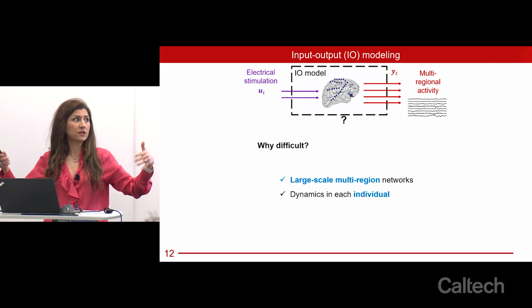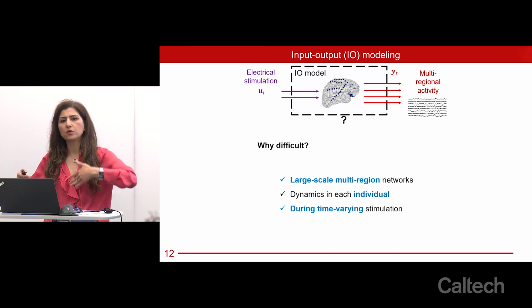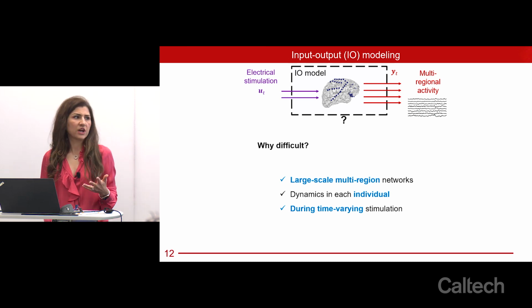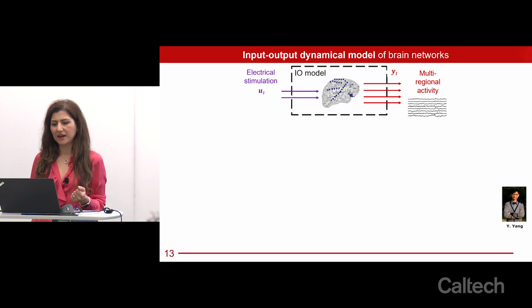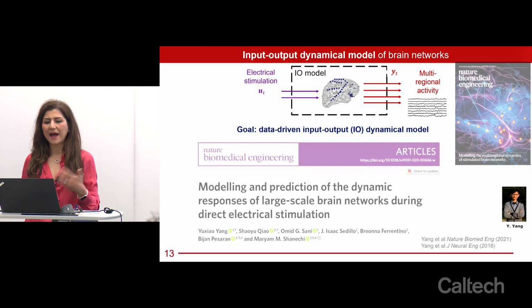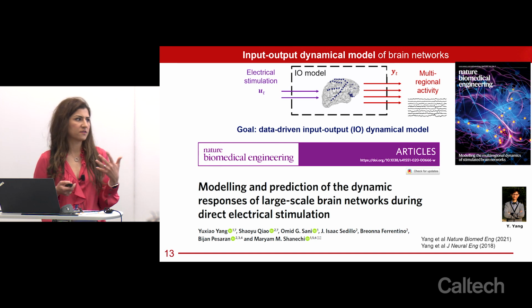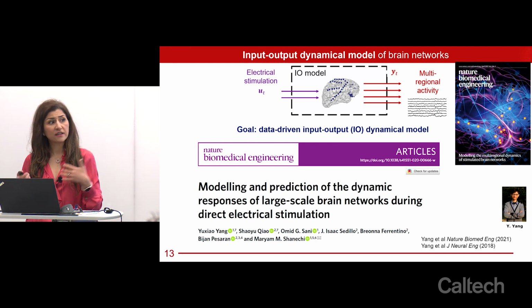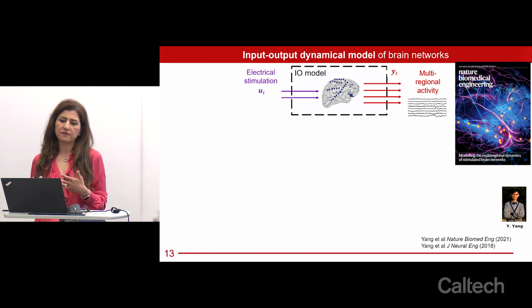We wanted to do it in each individual and during time-varying electrical stimulation. So to solve this challenge, we resorted to the dynamical system model but added input into it. So it was a data-driven dynamical system modeling with input, and we showed that it could indeed predict these multi-regional dynamics.